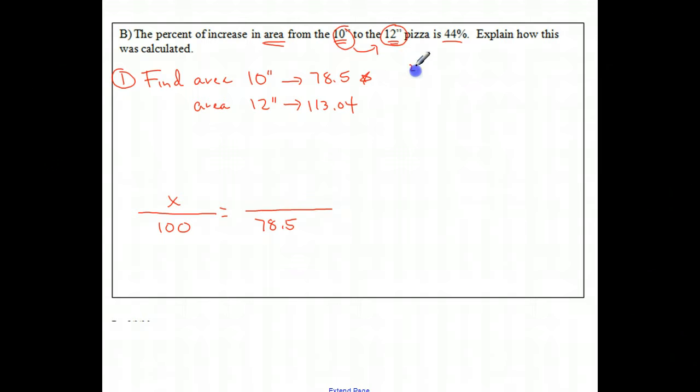That would actually be my step 2. The second thing I'm going to do is find the difference in the areas. 113.04 minus 78.5.